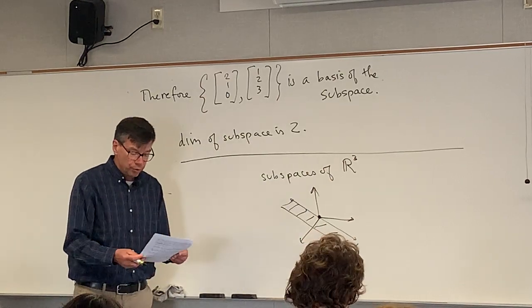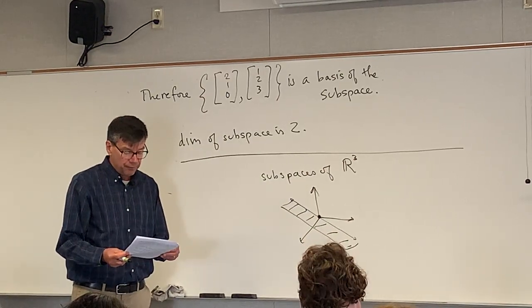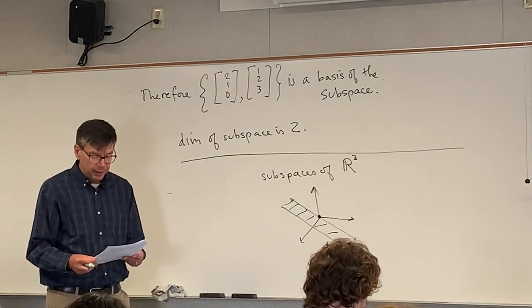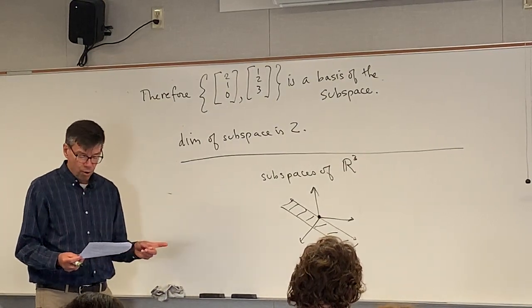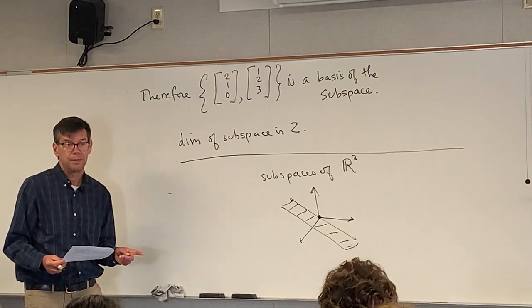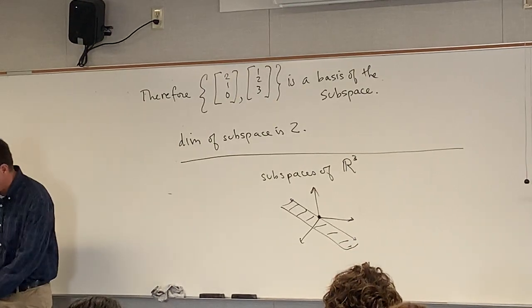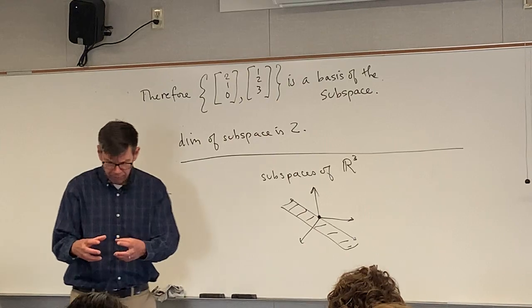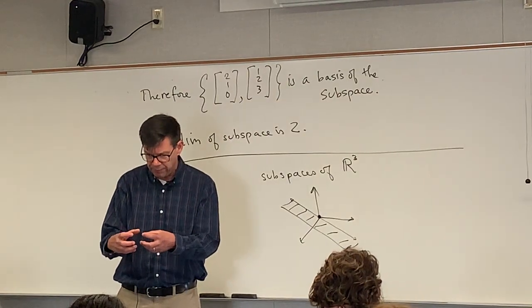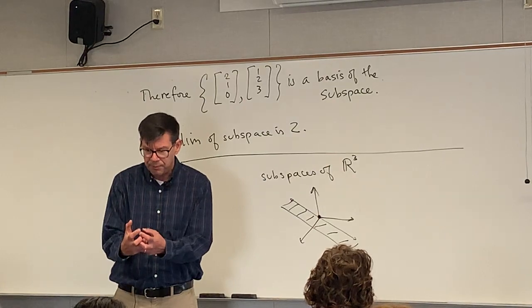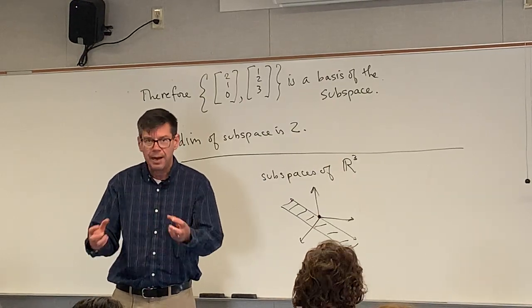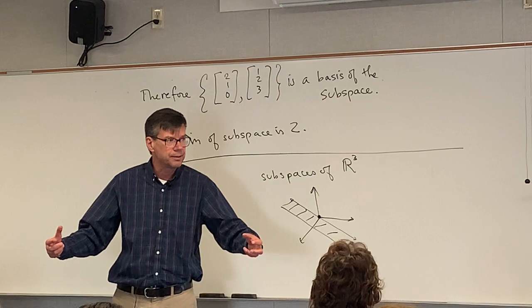Theorem 11, part 2: let H be any finite dimensional vector space. Any linearly independent set of vectors in H is already a basis or can be expanded into a basis. So there are two directions we can go when we start out with a set of vectors. If they're independent, they can always be the beginnings of a basis; we can add vectors to them till we get a basis.